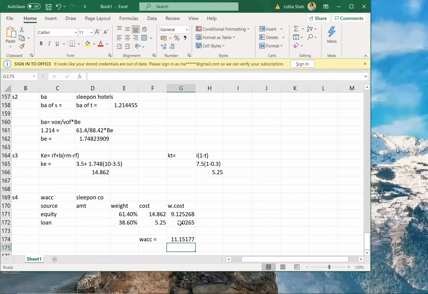Discounting factor is nothing but your WACC. Okay, let us move ahead then. Everyone has understood this? If you understood and you want me to move ahead, put a yes.